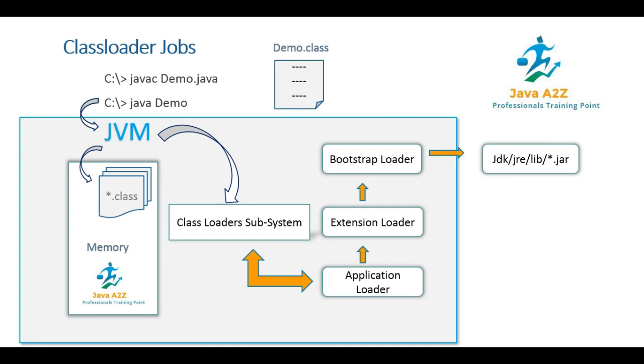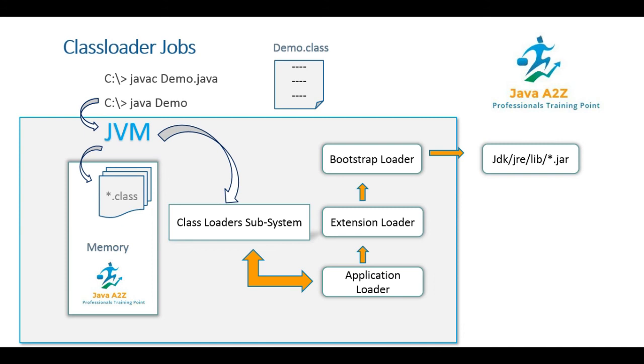The Bootstrap loader is responsible to load only from the path JDK jre lib. It invokes all the supporting jar files, for example rt.jar and the java.lang respective classes. There are a number of jar files, so inside this JDK lib, Bootstrap checks and loads classes from there.